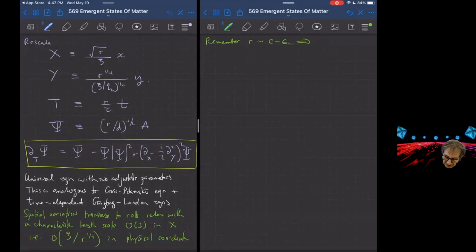So the characteristic length scale, this correlation length as a function of epsilon, scales like epsilon to the minus 1/2, and in fact diverges near the point of instability, just like we have seen in superconductors and superfluids.